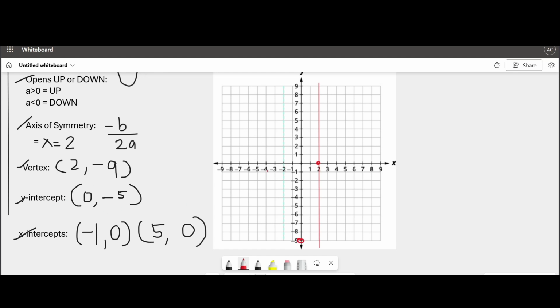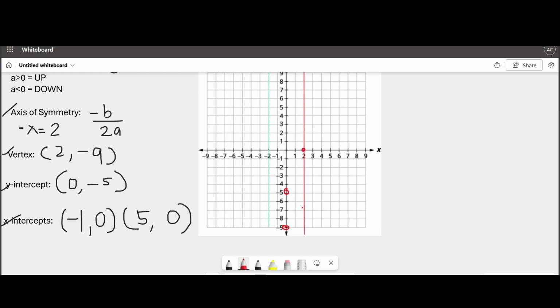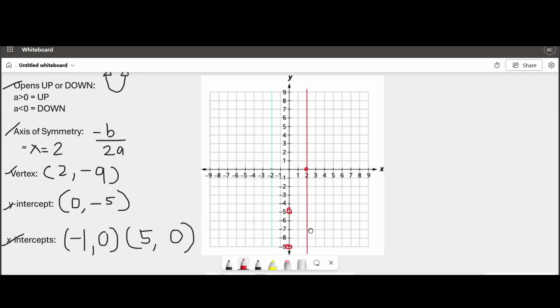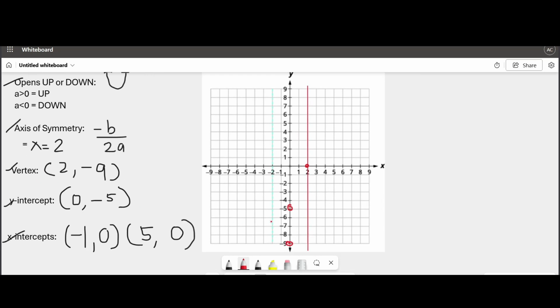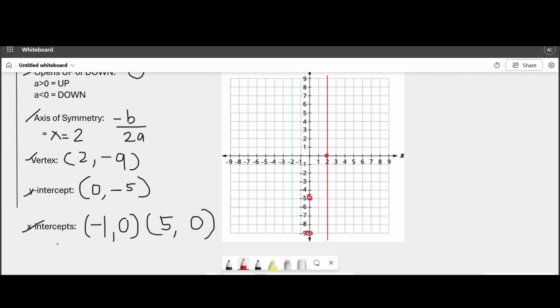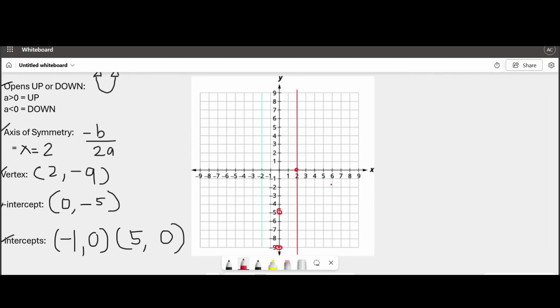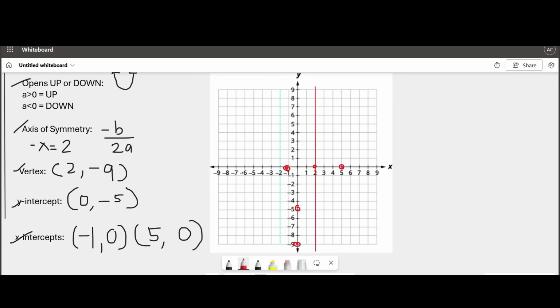Y-intercept being negative 5, this y-intercept. Vertex is negative 9, the y-intercept is negative 5. So now we have to use the x-intercepts. So x right here is negative 1 and positive 5. Negative 1 and positive 5, okay?